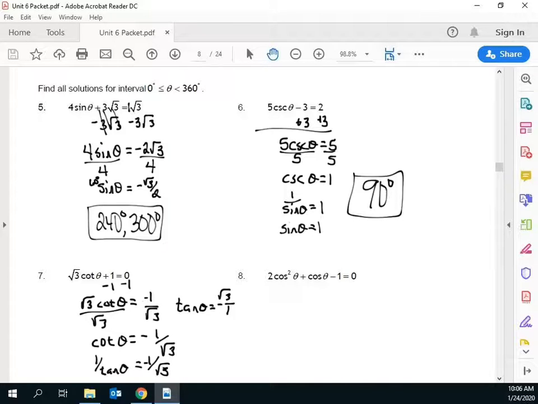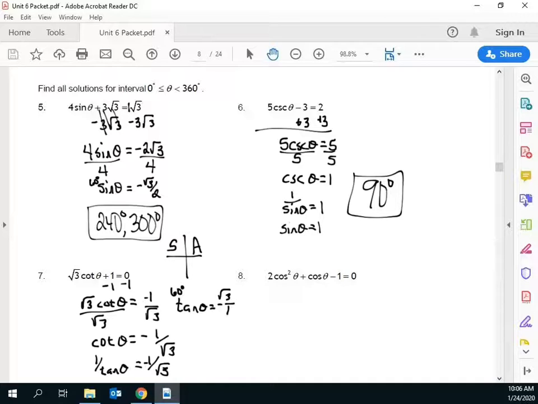So where is tangent negative, guys? What quadrants? 2 and 4, 1 and 3, 2nd and 4. Let's think. It needs to be negative. All are positive in the first.